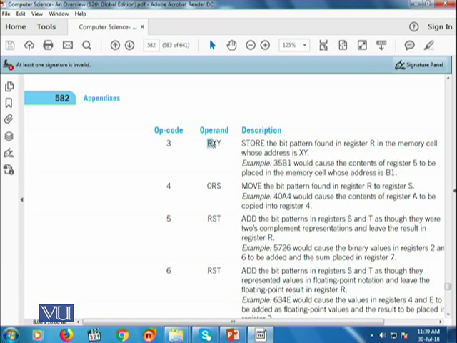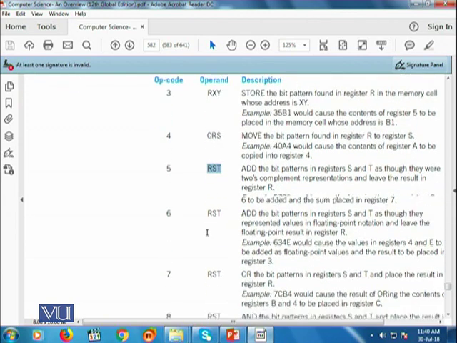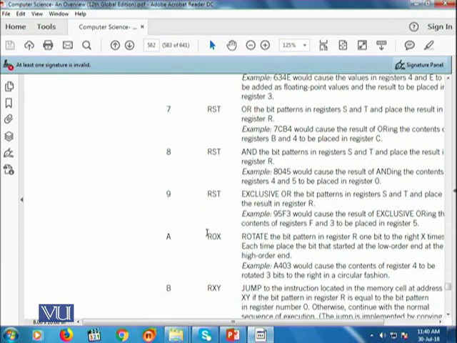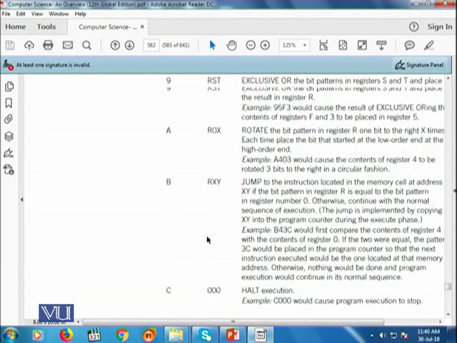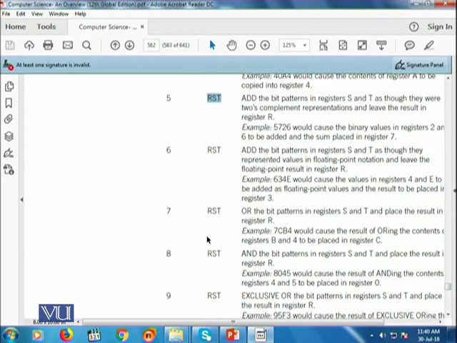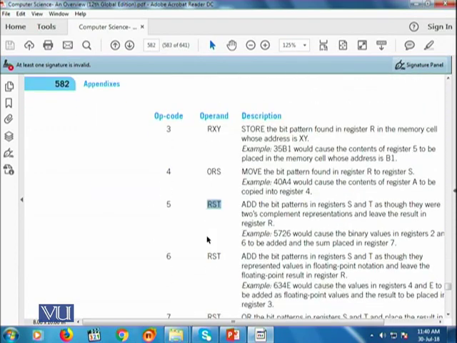At the XY location, and what to store is the content available in register R. And then there is an add instruction with 5 that adds 2 registers and stores the result in another register. We will not be using all of these instructions in today's module. However, you can learn about such a very small set of instructions and how a computer actually performs on the back end.